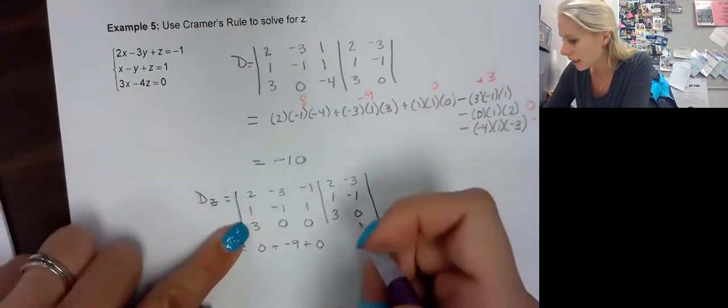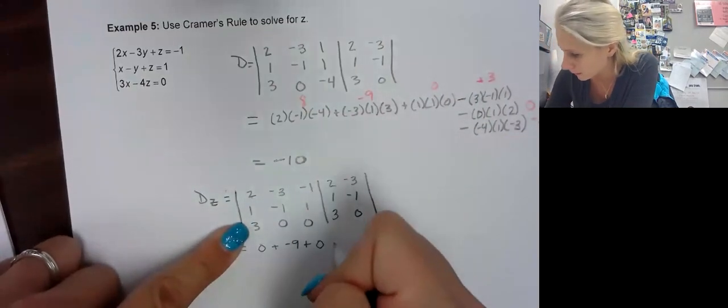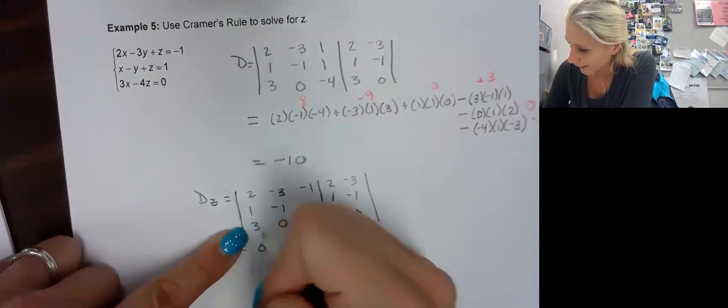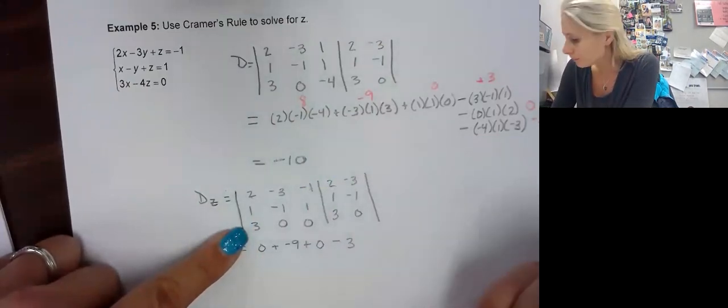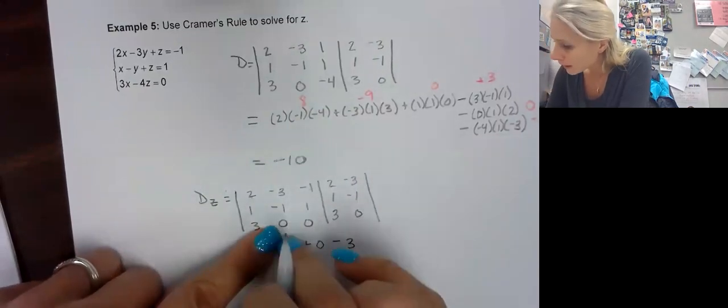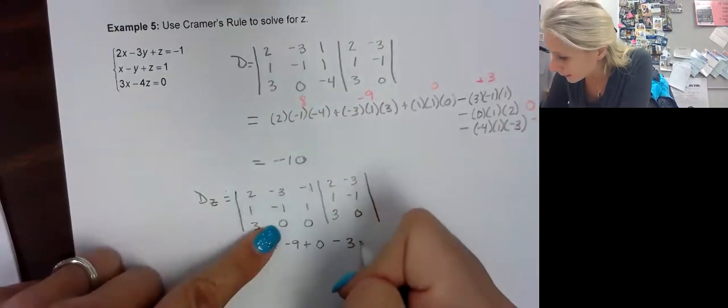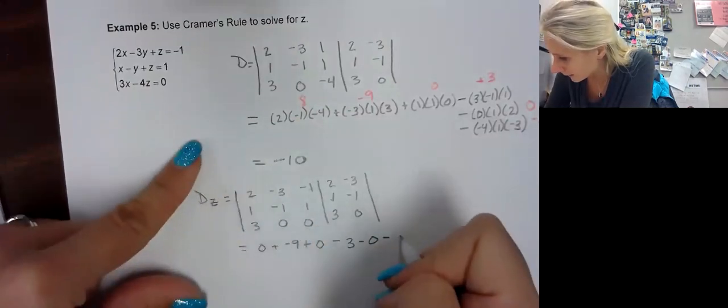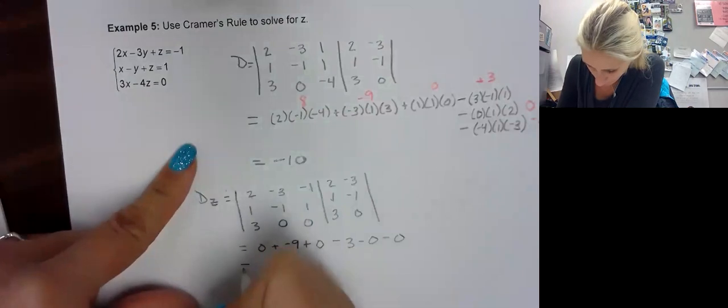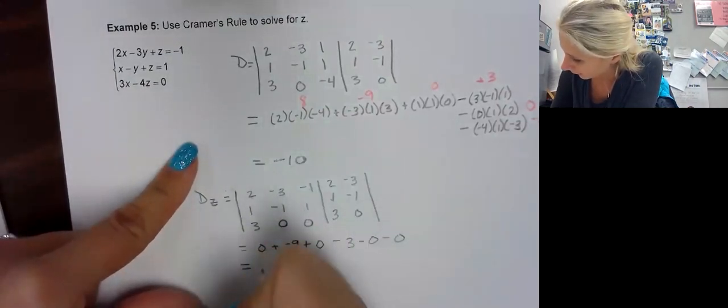Now I'm going to go down here because I'm going to go up. So I'm going to subtract. 3 times -1 times -1 is 3. Oh, there's your bell. 0 times 1 times 2 is 0. 0 times 1 times -3 is 0. And what do we get here then? We get -12.